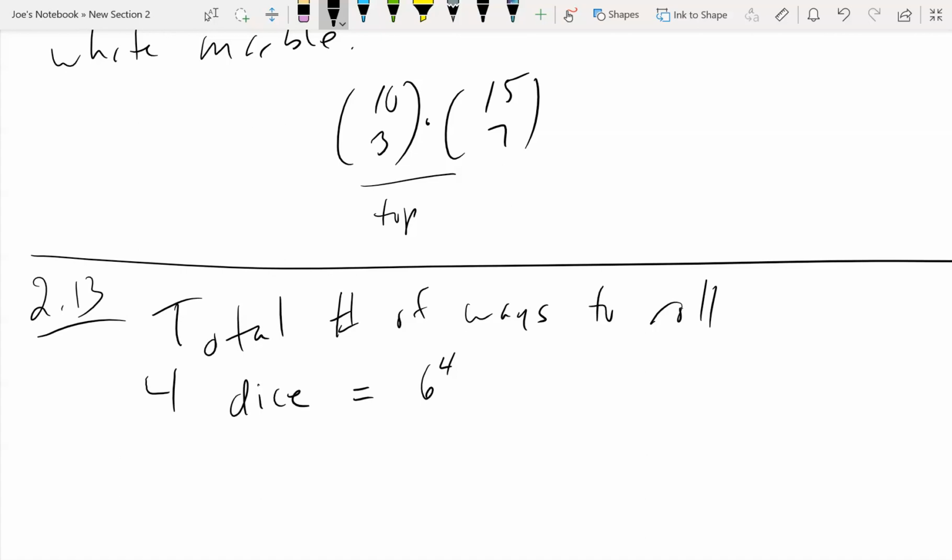If you roll a 6 on the first one and you want the second to be the same, there's only one choice.